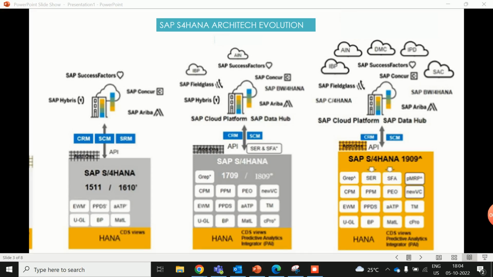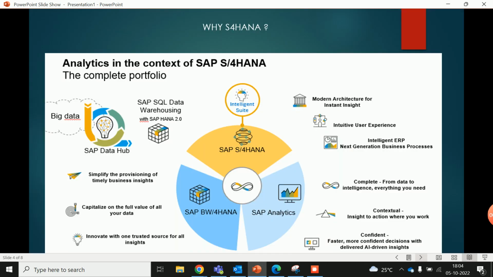Now we are moving towards why we are using S4 HANA. Here you can see the analytics context, actually a portfolio of SAP customers. SAP claims that S4 HANA is reliable, scalable, and gives instant insight into business data.